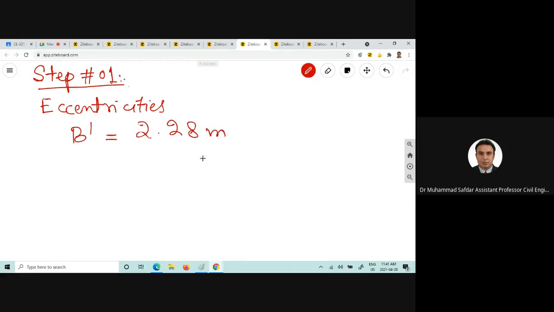Anyone else with a contradiction of the value? Or if they want to agree with the same value, they can say same 2.28, so I will continue. 2.28. Okay, good. Now we need to find out the bearing capacity factors in step number 2.